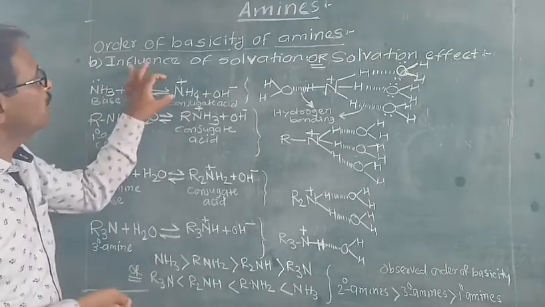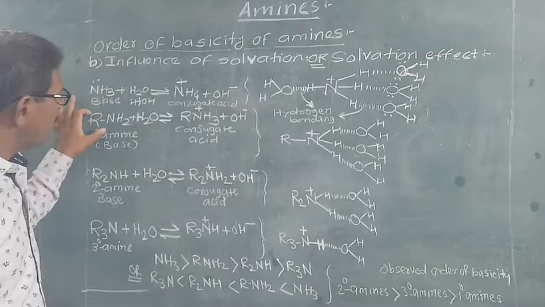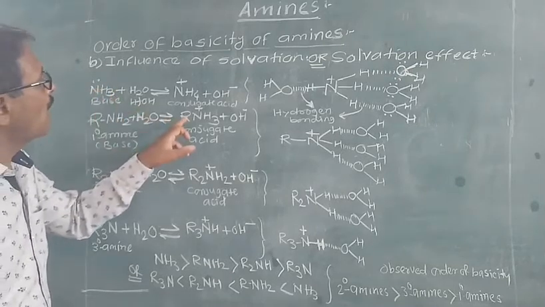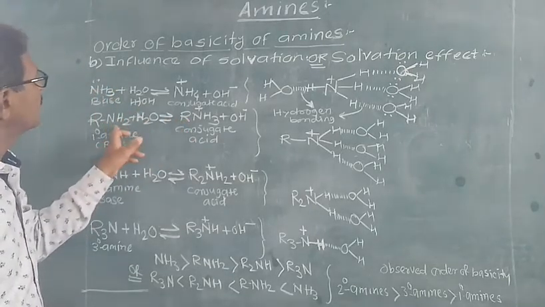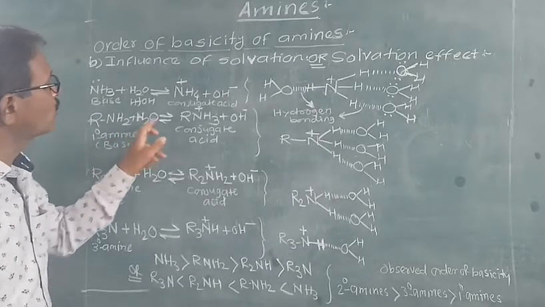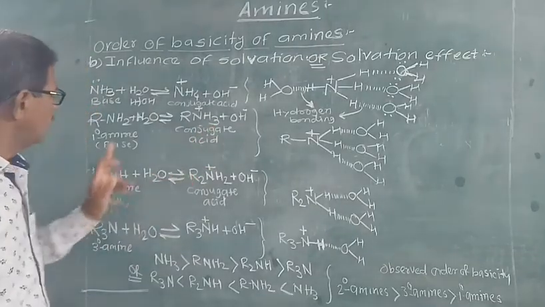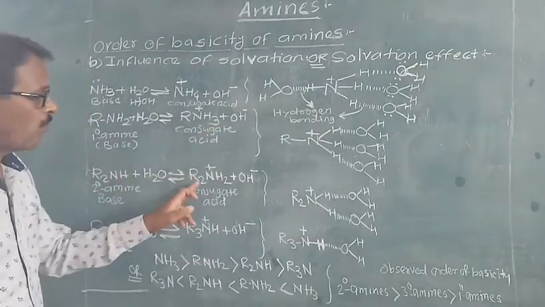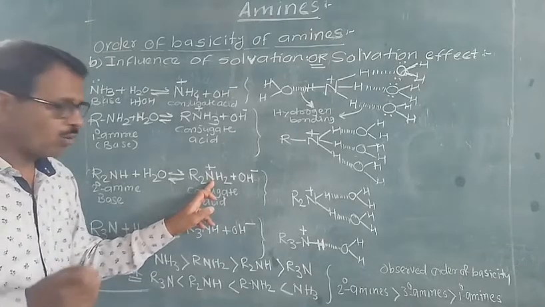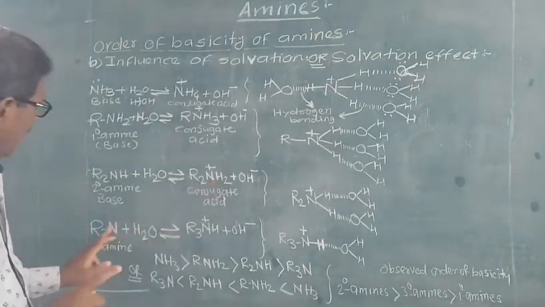Similarly, primary amine reacts with water. This RNH2 combines with one of the protons of this water molecule and forms RNH3 plus. That is the conjugate acid. R2NH combines with one proton from that water molecule and forms R2NH2 plus.